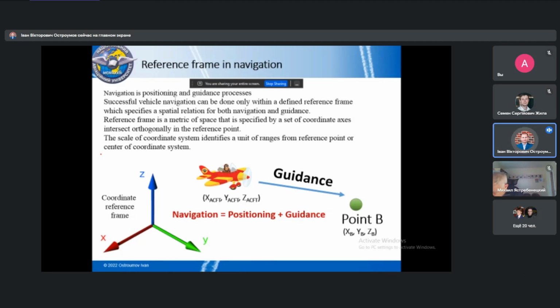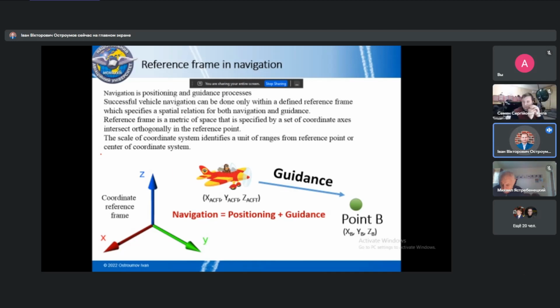That's why we need to detect our coordinates or measure them with a special positioning sensor. And then we apply some guidance process to direct from one point to another. That's why navigation is a process of movement from one point to another, which will continue sequentially until we reach our final destination.